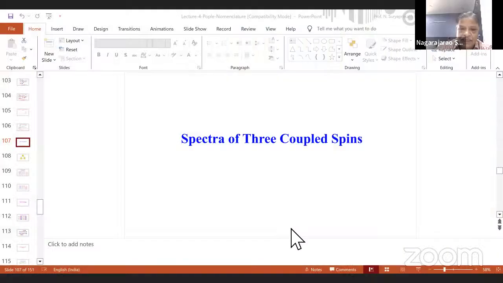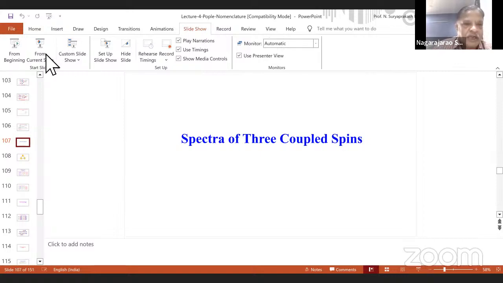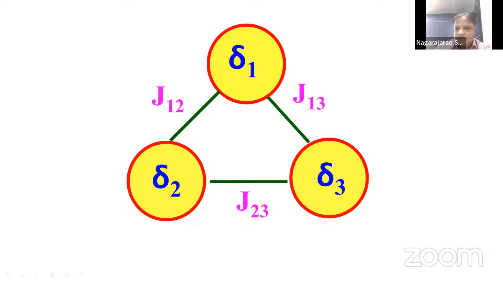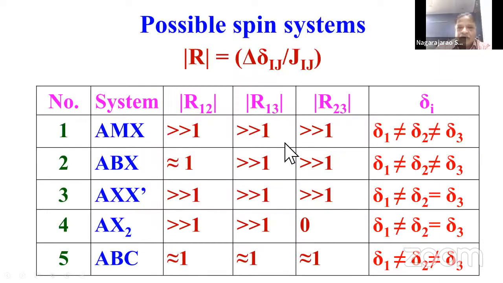Okay, Cyril, you see this, what I'm going to explain now. You were asking how we got 15 transitions, right? Now you see for 3 coupled spins, let us say I have 3 spins, 1, 2, and 3. We have 3 chemical shifts and 3 J couplings, 1-2, 1-3, and 2-3. I can work out possible spin systems for this.